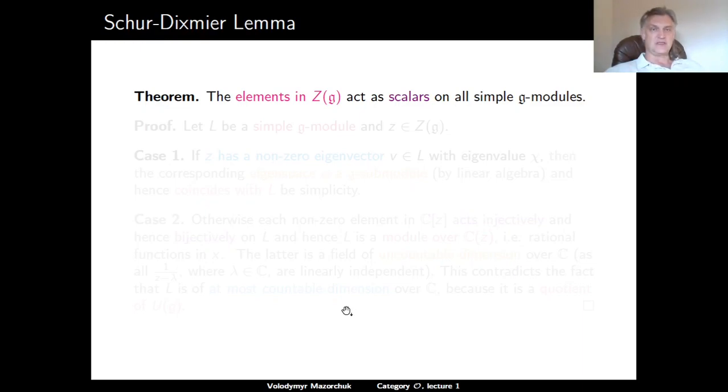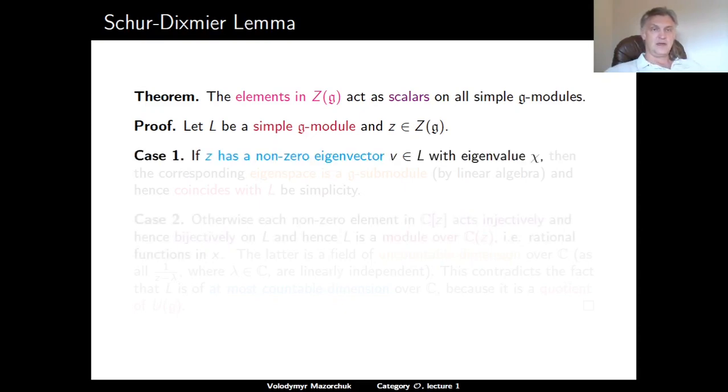But the big difference with the usual Schur's lemma is that we do not assume that the simple module in question is finite dimensional. Proof. Assume that L is a simple g-module, not necessarily finite dimensional, and z is a non-zero element of the center. If z is the zero element of the center, there is nothing to talk about.